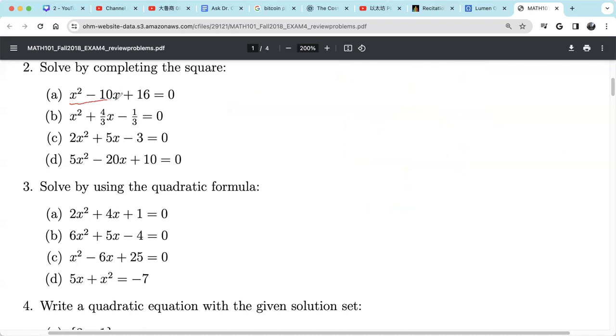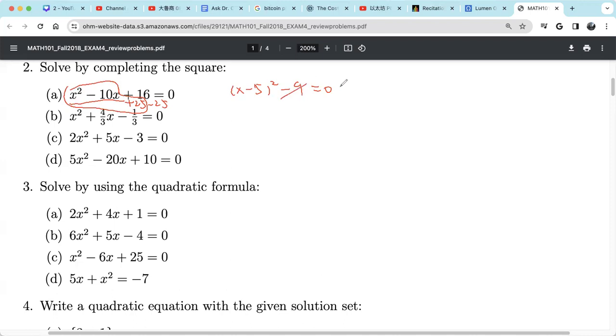Then x squared minus 10x plus 25, those three terms give us a perfect square, which is (x minus 5) squared. Then plus 16 minus 25, that's minus 9, equals 0.